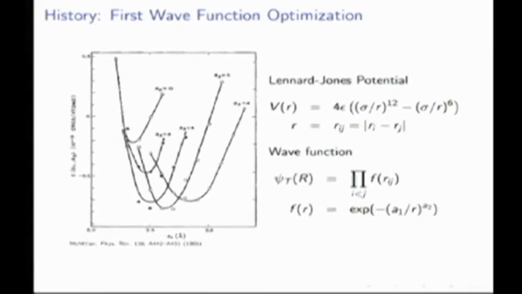After he chooses his trial wave function form, he needs to find a specific form of f to use in his calculations. The form of f that he uses is an exponential that has two parameters in it, a1 and a2. The physical motivation for this form is that for very small distances, you expect the trial wave function to look like a solution to the two-body Schrodinger equation for that potential.